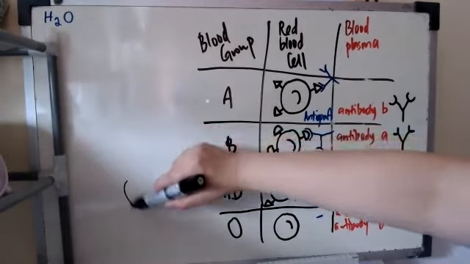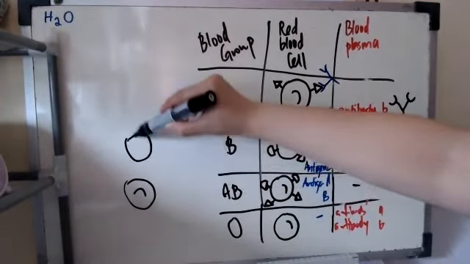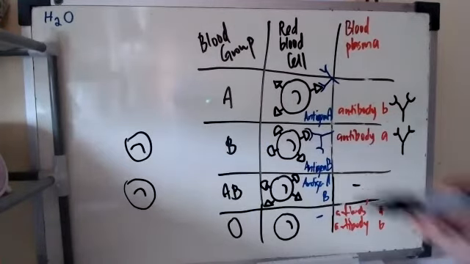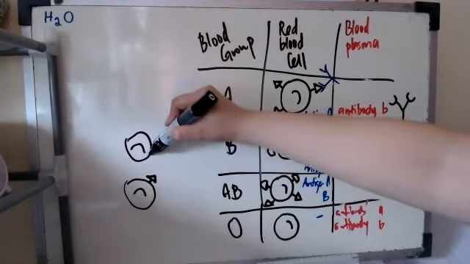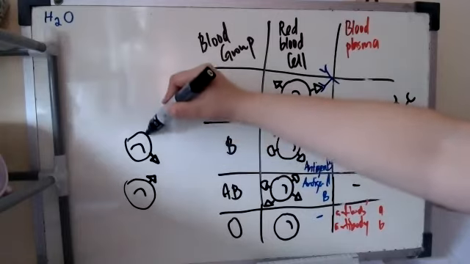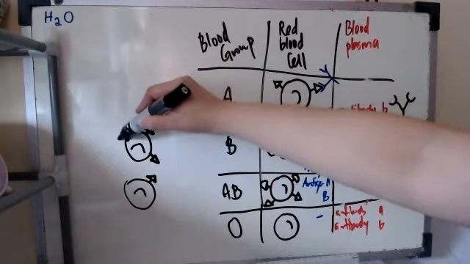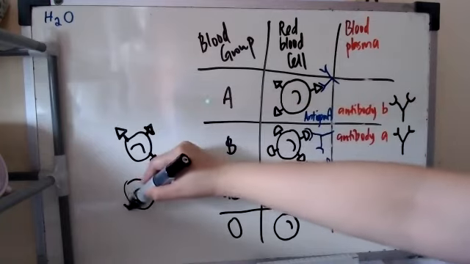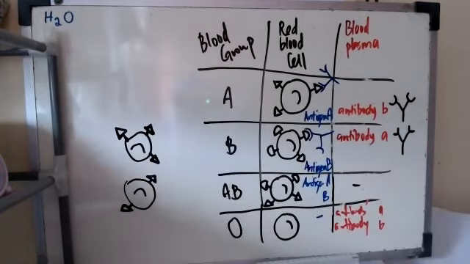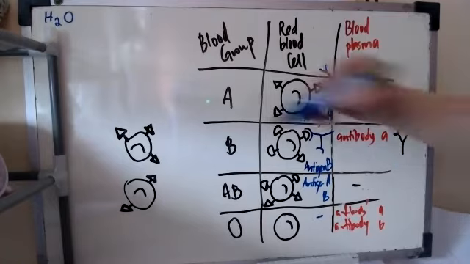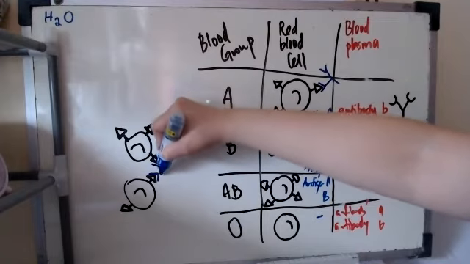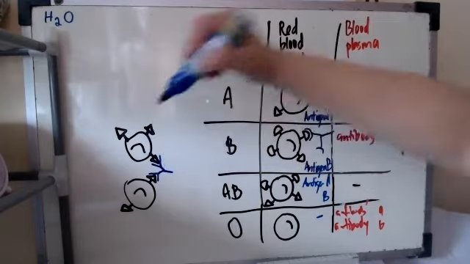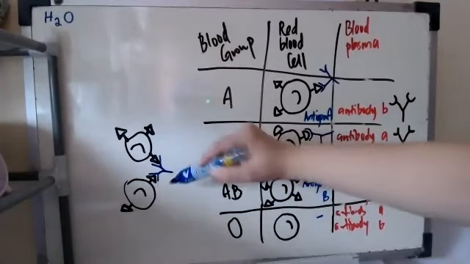The problem arises when you have, say, two red blood cells. These two red blood cells have antigen A. Of course, this person is very likely blood group A. If your body were to produce antibody A, this is bad because antibody A would have caused the two of them to link to each other.